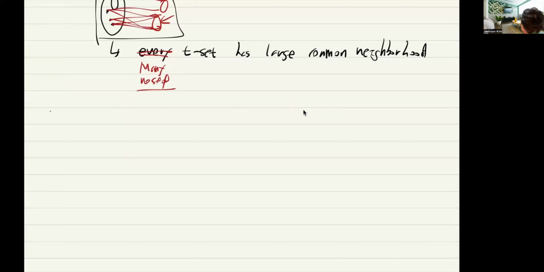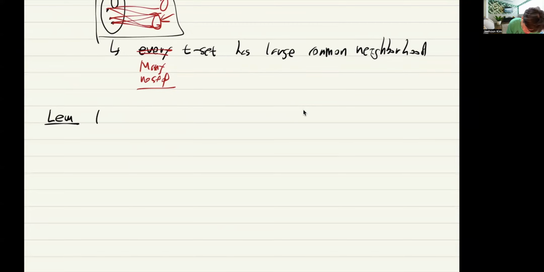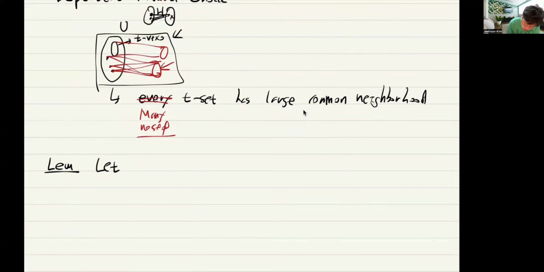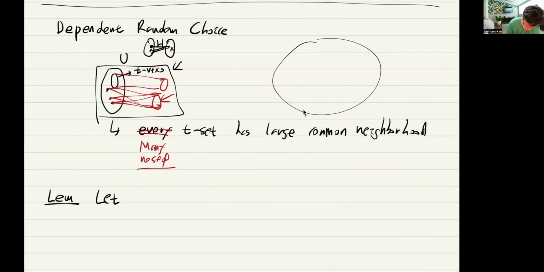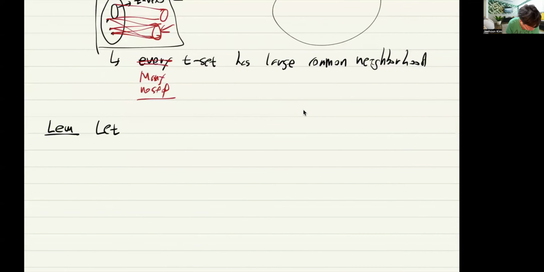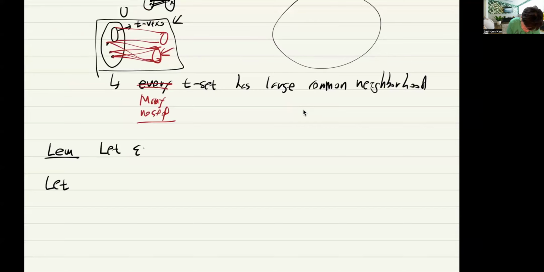So in fact, let's use this. Let's prove this. So how do we do this? So let's say you have a G, which will be your either red graph or blue graph, that has many edges. So let's specify the numbers first. Let's say epsilon is positive, then delta and n are natural numbers, and let's say n prime is also a natural number.